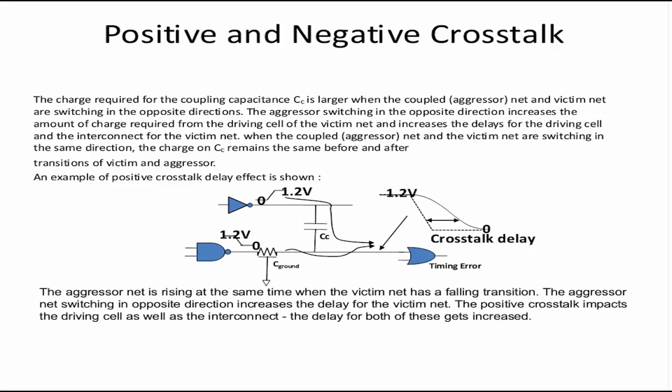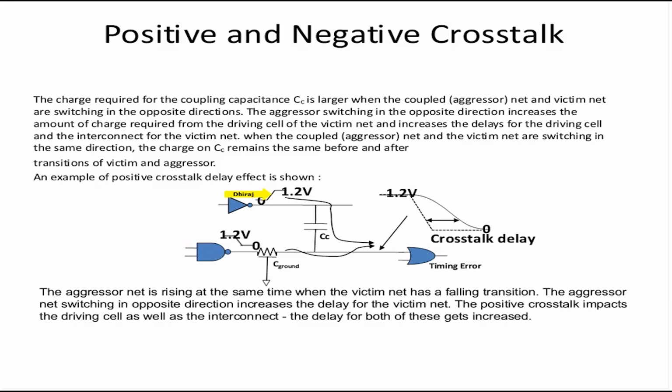The example is here. The charge required for the coupling capacitance is larger when coupling net and victim net are switching in opposite directions. The aggressor net switching in the opposite direction increases the amount of charge required. So this is an example of positive crosstalk where this is falling here, and this is rising.